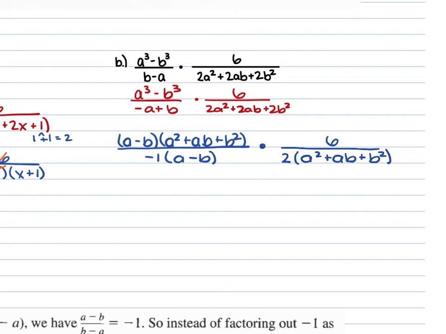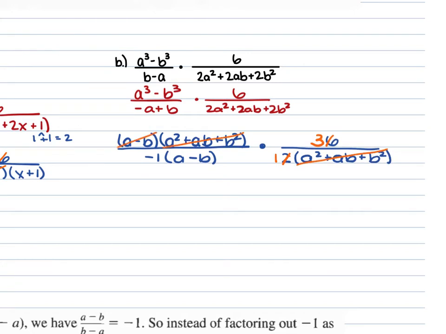From here, we are going to simplify before we multiply. The negative 1 and the 6 can't do anything. The 2 and the 6 can. The 2 would become a 1, the 6 becomes a 3. From there, your a squared plus ab plus b squared cancels out with the a squared plus ab plus b squared. So this all cancels out.